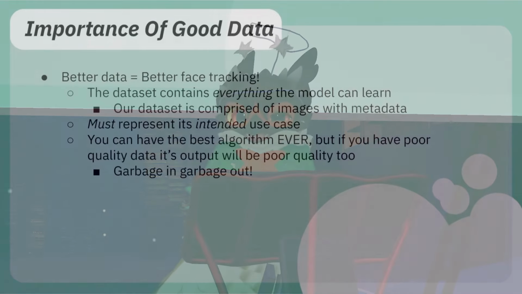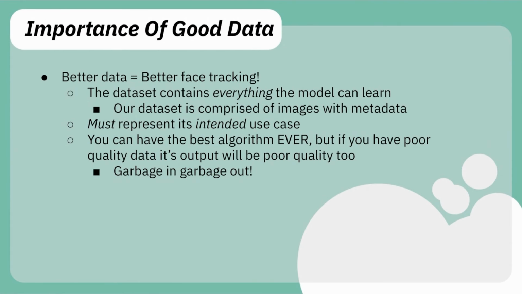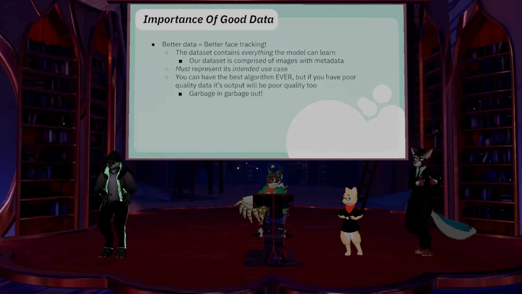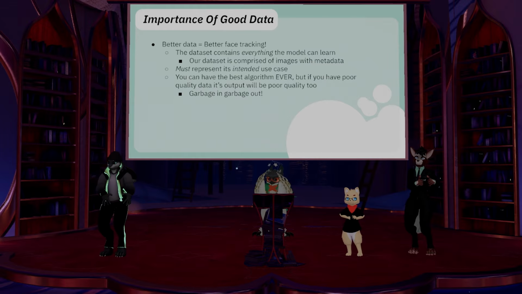Some things to get down, and as you might expect, if you were to try and make your own face tracker, the better your training data, the better face tracking you're going to have. That might have been obvious already, but this data set contains everything that a face tracking model can potentially learn. So different face shapes, all those different lighting conditions, it needs to be able to take into account all of these different things.